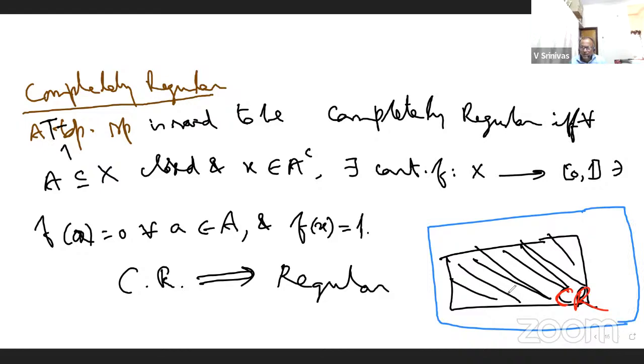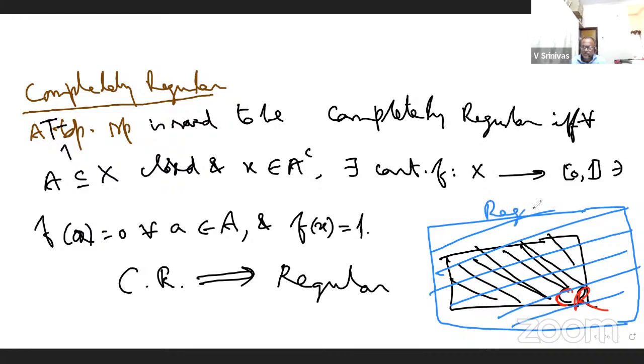Each completely regular space is regular. You cannot have a completely regular space other than being regular. So if you are looking for completely regular spaces, you have to look among regular spaces, not in its complement.